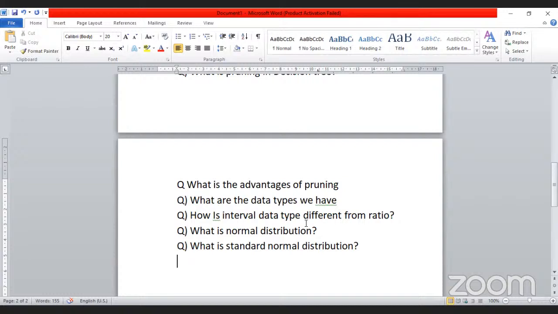The range of normal distribution is minus infinity to plus infinity, but after converting it to standard normal distribution through Z transformation, the range is about minus 3 to plus 3. The advantage of standard normal distribution is that we can calculate the area belonging to each standard deviation. Mathematically in a normal distribution it is not possible. With the standard normal distribution, yes, it is possible.